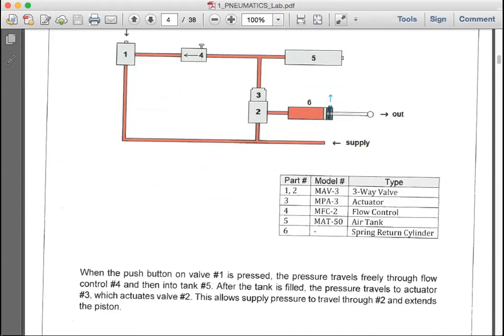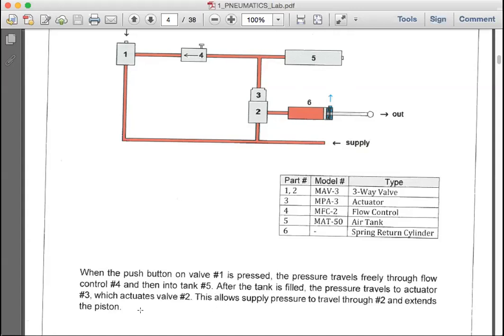That's not exactly that the tank has to be filled before the actuator, but in general, that's how it works. Since the tank has much larger volume, it has to be filled up or pressurized in order to activate the actuator, which activates valve number 2.